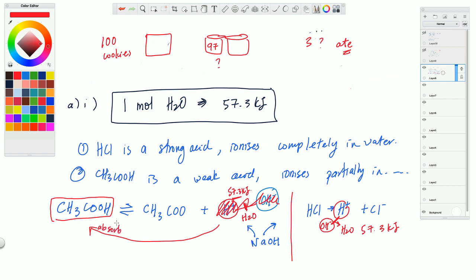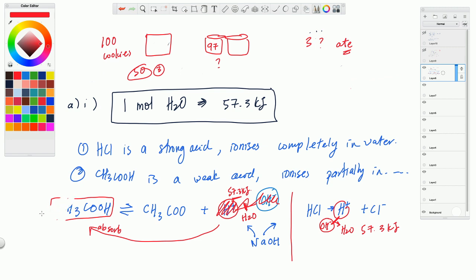You need to eat some back in order for them to have energy to make more ions. It's the same thing. You made 50 cookies. You ate 3 of them so that you have more energy to make another 50 cookies. Okay? So you release 57.3 kilojoules, but you absorb some so that your ethanoic acid molecules can ionize.